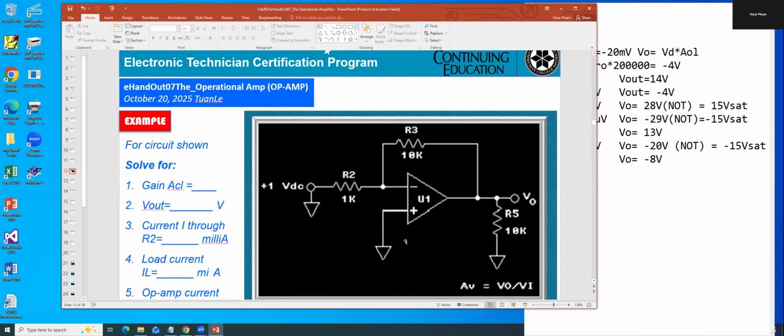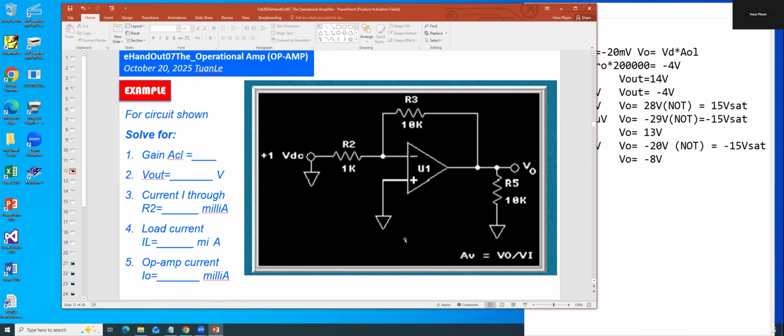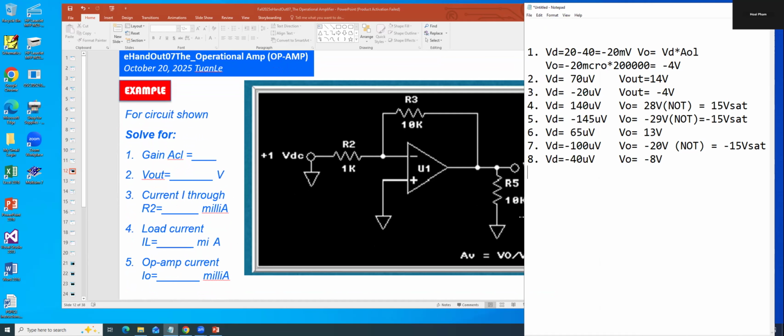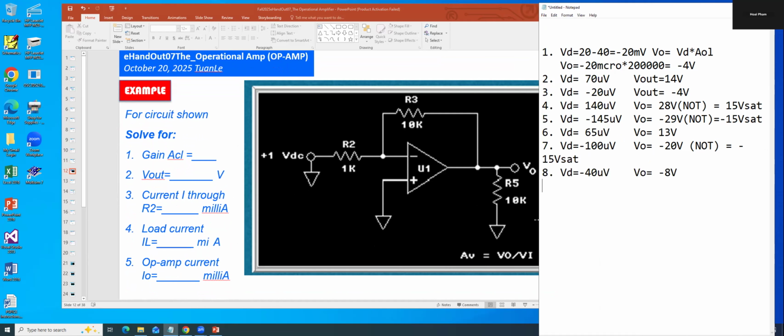Let's see what else here. Okay, so basically, an example here. I want you to calculate for me, number one, gain ACL.